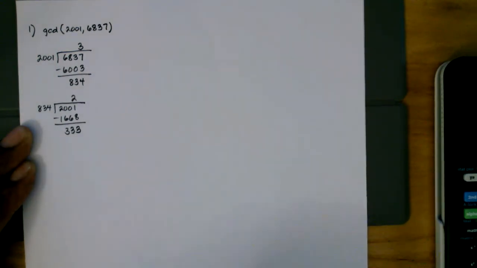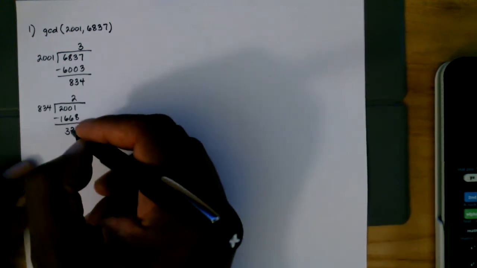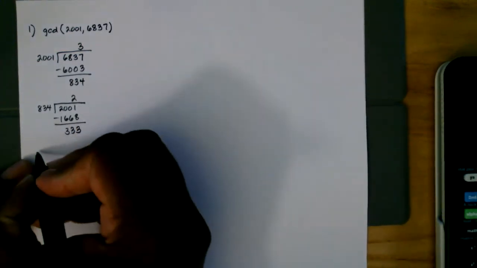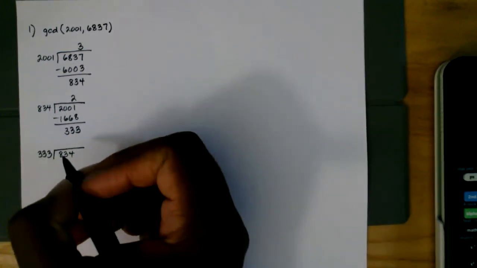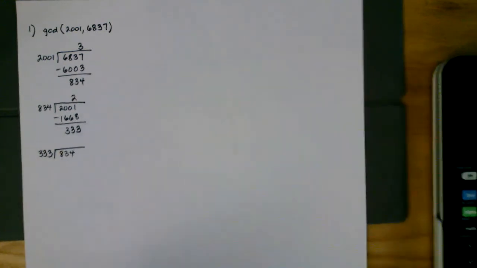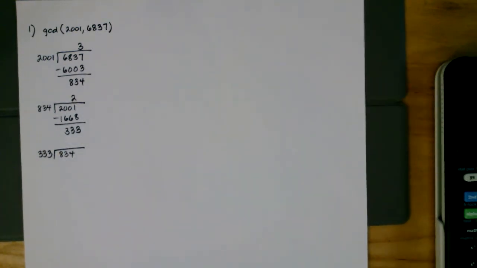So what I need to do here is take this 333, which is my remainder, that becomes the new divisor. That would be divided into the previous divisor, 834. And now we divide 333 into 834.